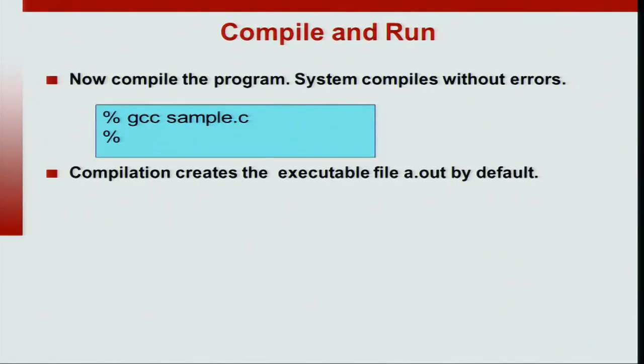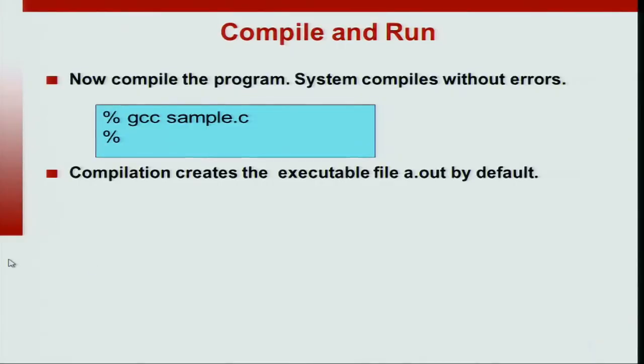Now if you compile the program and you have typed the program correctly, then a new file called a.out will be created. So if you type gcc sample.c, and if there are no errors, it will just say nothing. If it says something, then there is a compilation error.